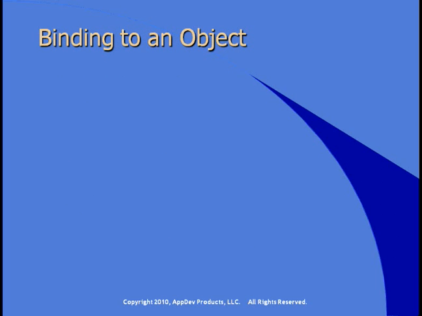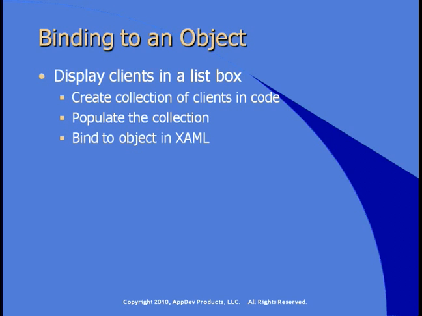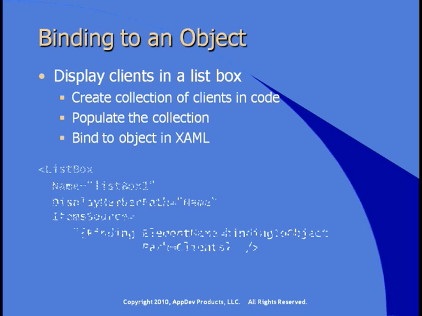The simplest option is if you're binding to an object. So we're going to see a demo where we display clients in a list box. And we're going to create a collection of clients in code, populate the collection, and then bind to an object in XAML, and that object is going to be the list of clients. And the XAML we're going to use looks like this.